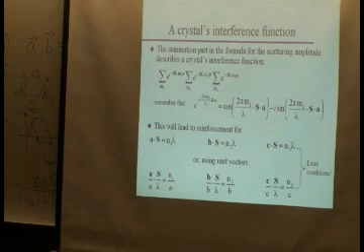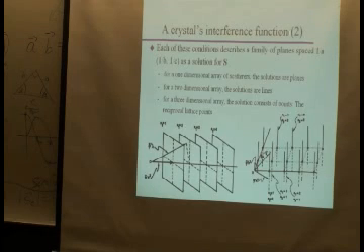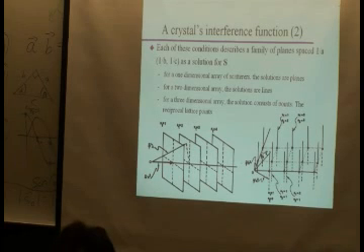n over a. This is a unit vector in the direction of a, and you take the projection of the vector s over lambda onto it. You get this series of planes. So the solution of that first equation is a series of planes. If you had a one-dimensional crystal, this is where you would see intensities.